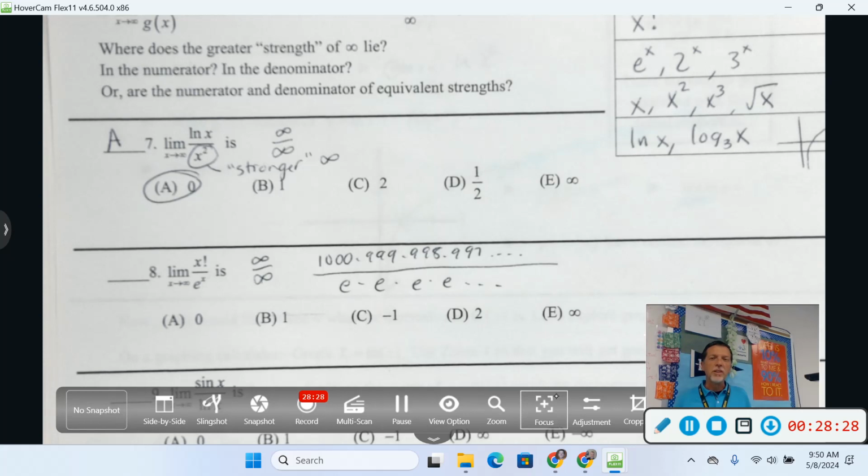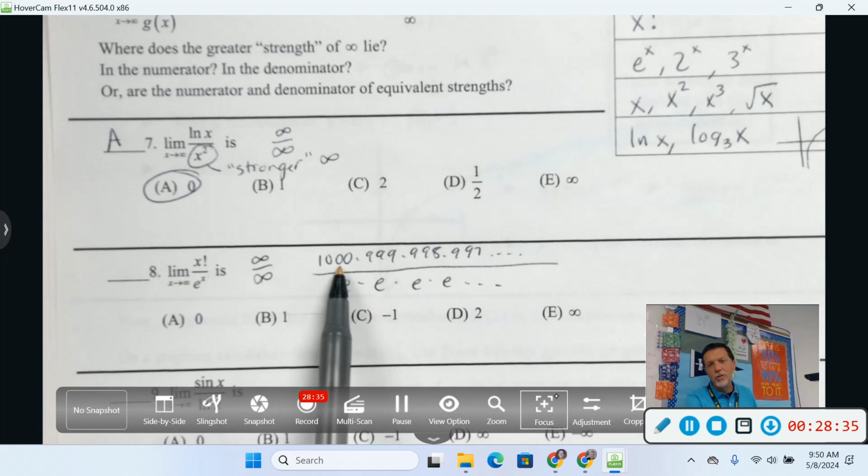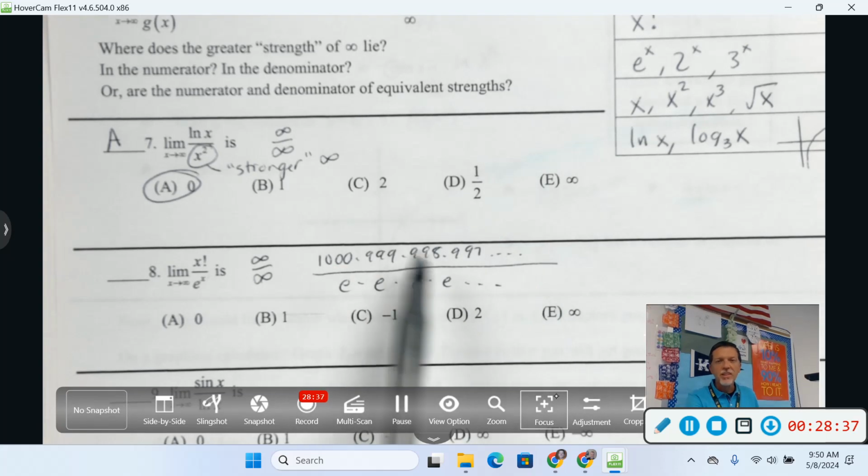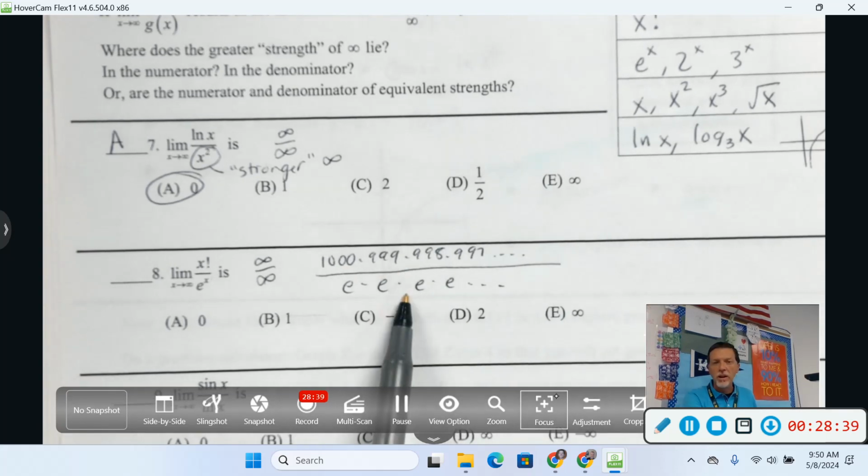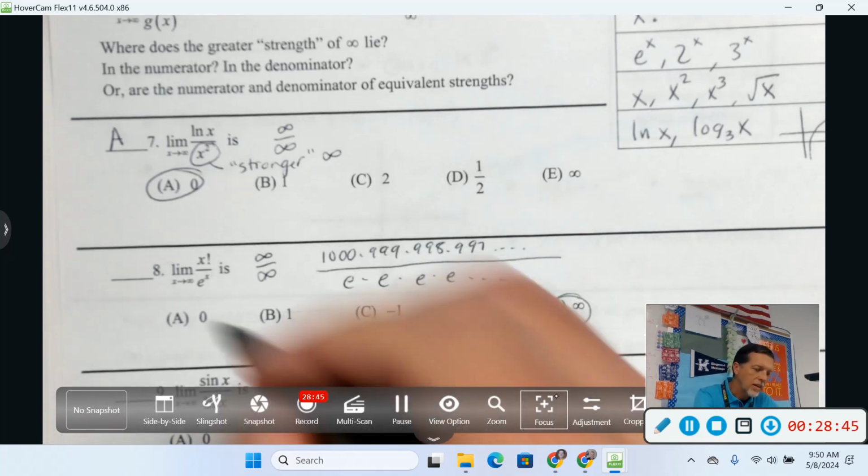So which one's bigger, the top or the bottom? The top. Because they both would have 1,000 factors, but the top factors are way bigger than the bottom factors. So if the top is way bigger, way stronger than the bottom, what are we headed toward here? Infinity.